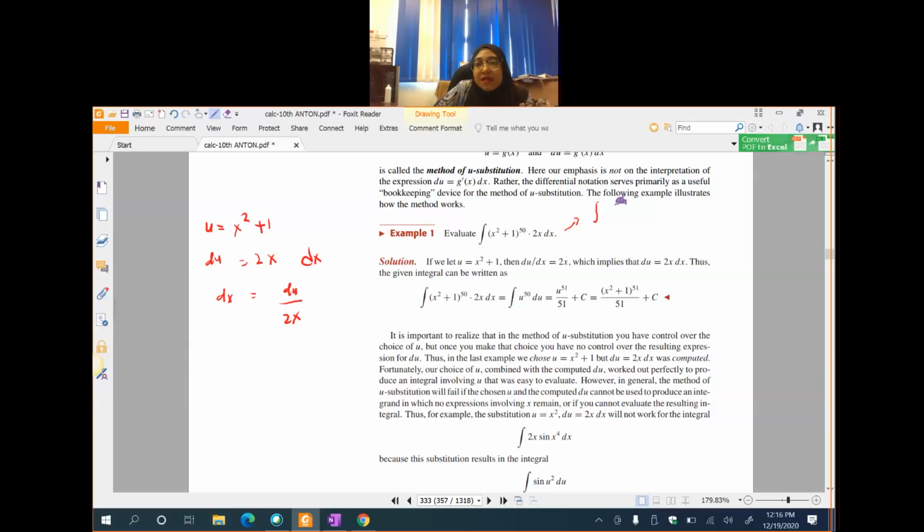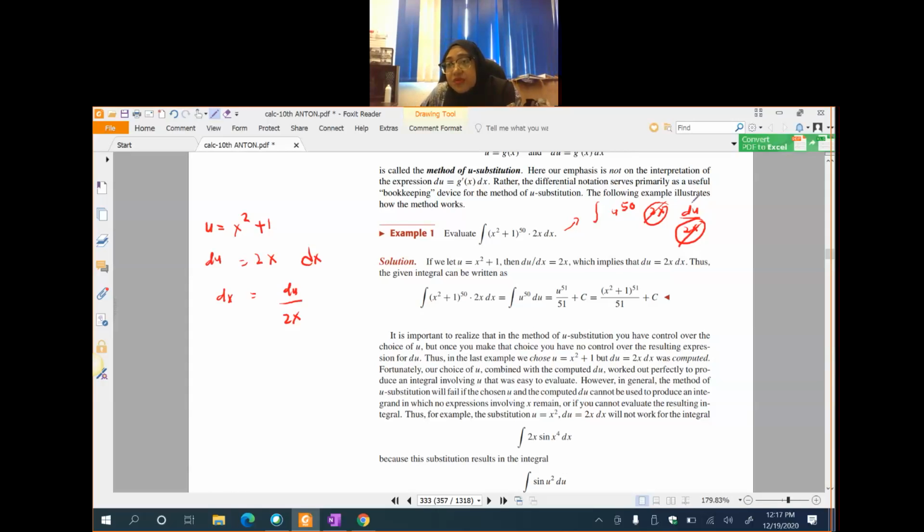So the substitution one here will be u to the power of 50, so 50 is still there. Okay, and then you have 2x. Okay, and then for the dx, you replace with du divided by 2x. The 2x will be cancelled out, so u to the power of 50 du.